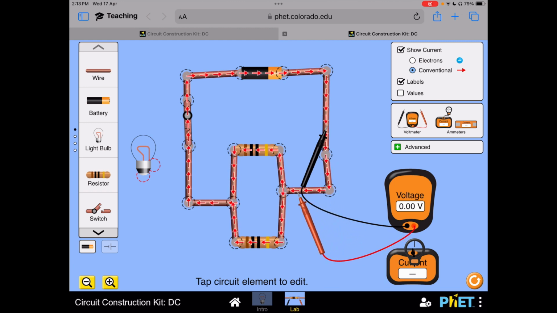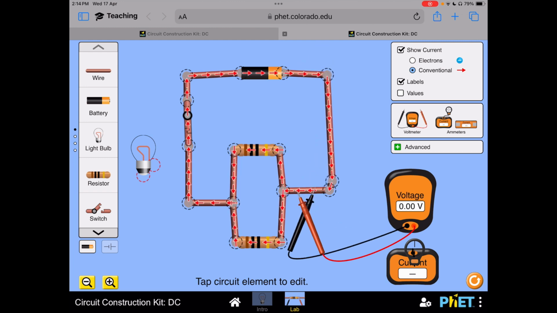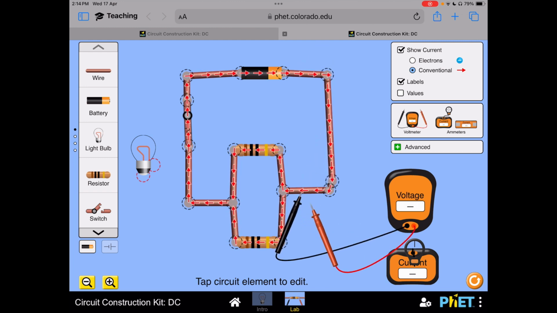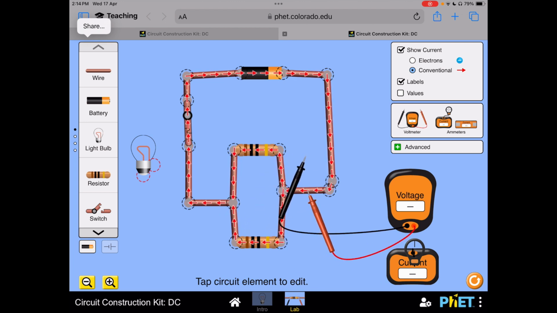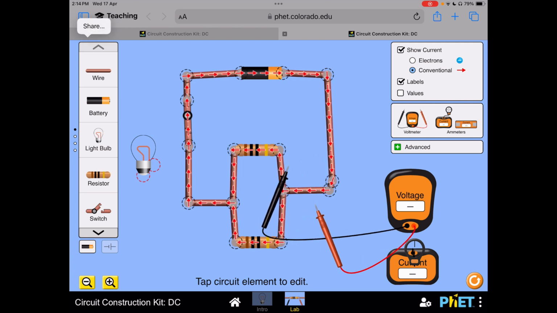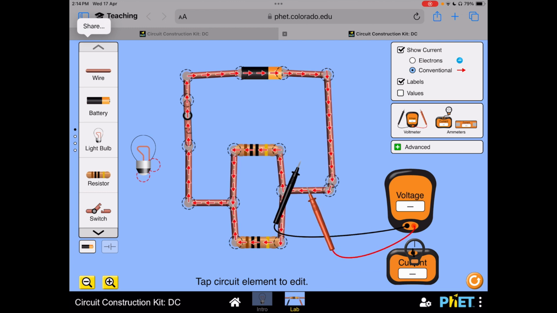What do you think is going to happen when I move the second point to somewhere here? If I leave this one over here and then I move the black one to somewhere here, what do you think will happen? Will the voltage split as well?